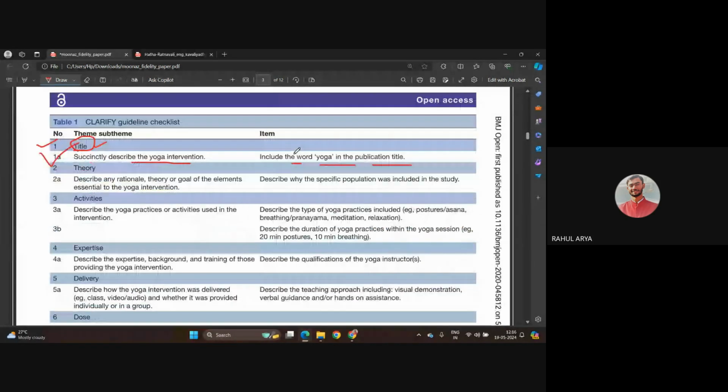Second, point number 2: describe any rationale, theory or goal of the elements essential to the yoga intervention. First of all, please let me confirm: do you know the meaning of rational?